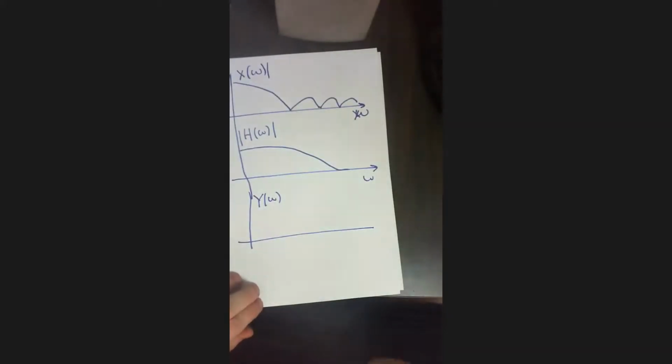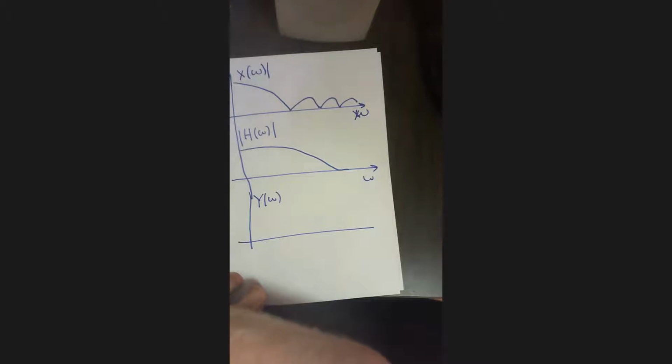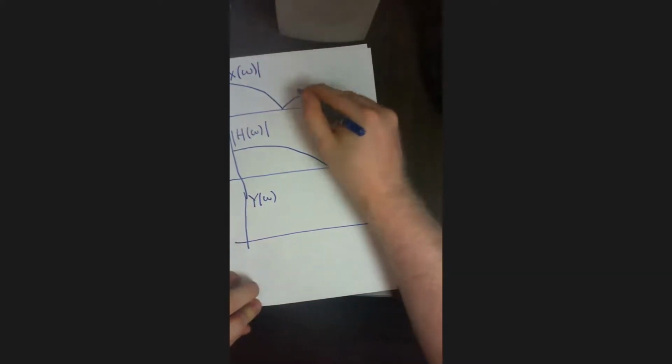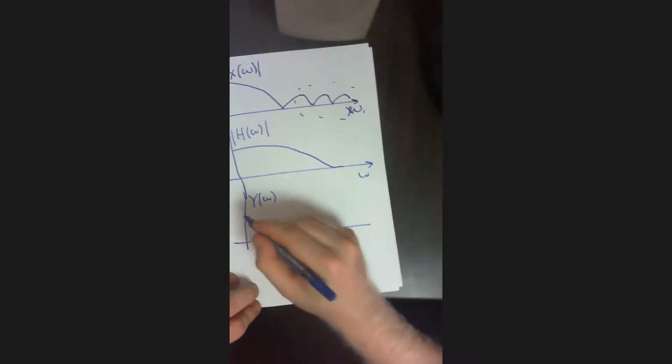That's why we call this a low pass filter, because we are getting rid of the high frequency components. So a very simple manner. This is a low pass filter. All these high frequency components will be gotten rid of. So by the end of the day, we will have something like that.